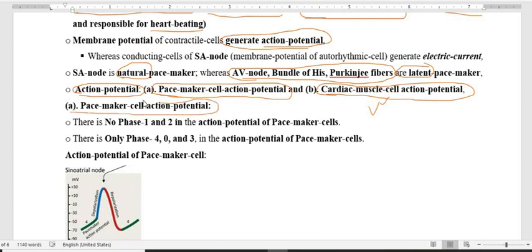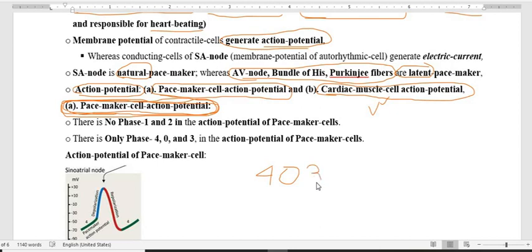In this there is depolarization as well as repolarization. And why is this depolarization and repolarization, or action potential, generated? Because it indicates the cells are functioning, and this is represented in the form of the action potential. Here the action potential of the pacemaker cell possesses phases indicated by 4, 0, 3.